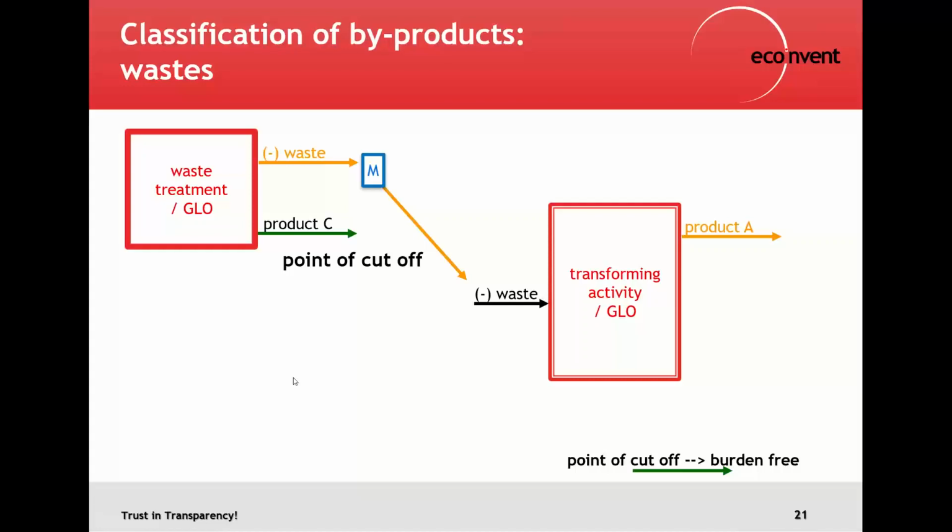This product is then being supplied burden-free, but it's not giving credits to the system. It's not decreasing the impact of treating the waste. It's simply available burden-free, and can be used burden-free as an input to other activities downstream in the value chain.